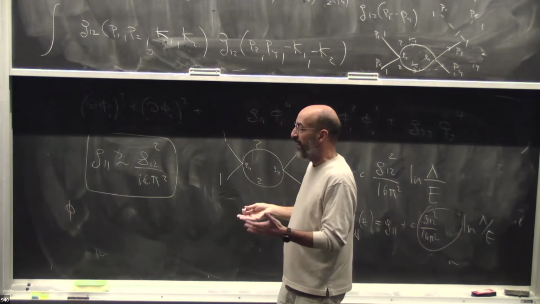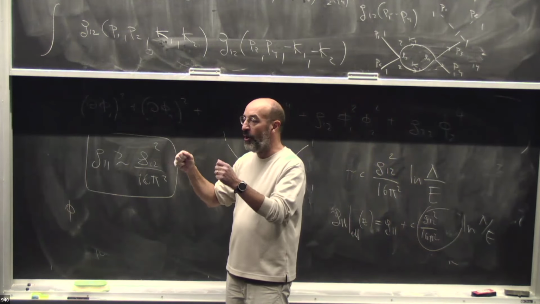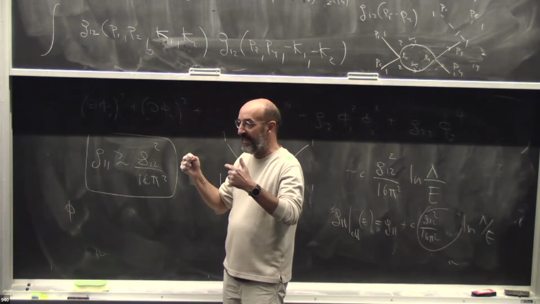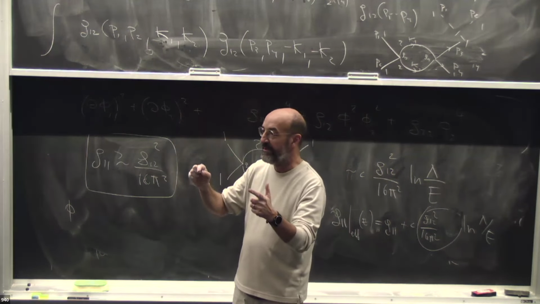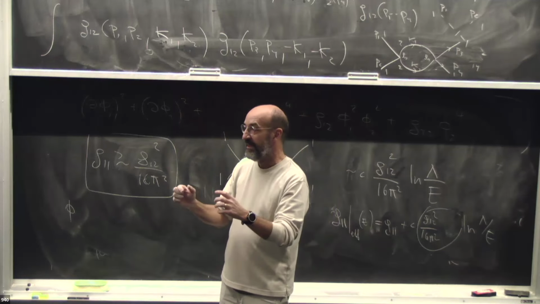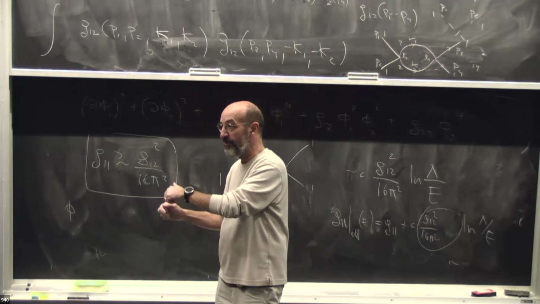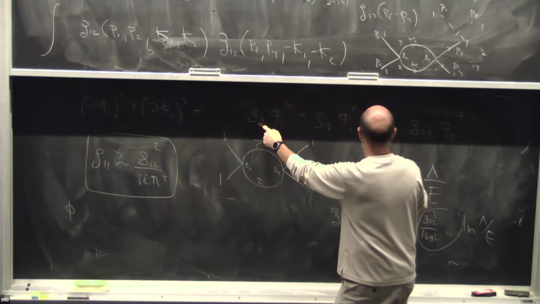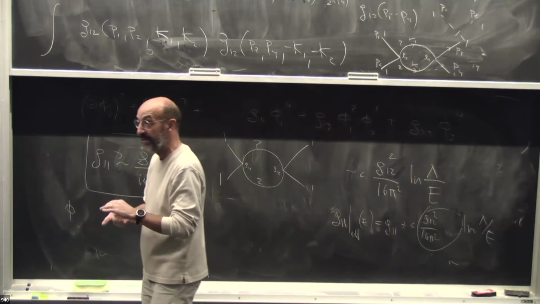And then the effect of loops will be controlled by these tensors, and in some situations, knowing the computation for a leg which has only 1, you can deduce by the symmetry what the expression is for 2, but it's just remapping this into that, okay? Because these are mapped into one another. You see what I'm saying?